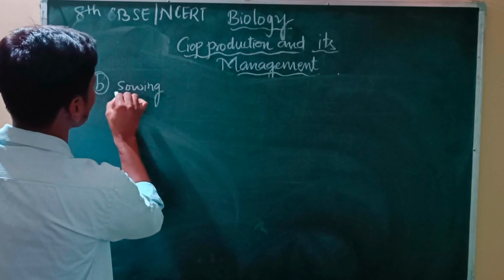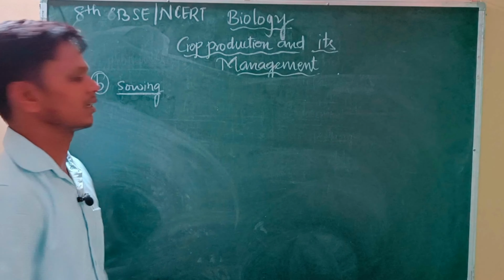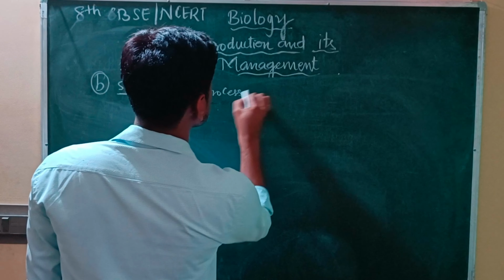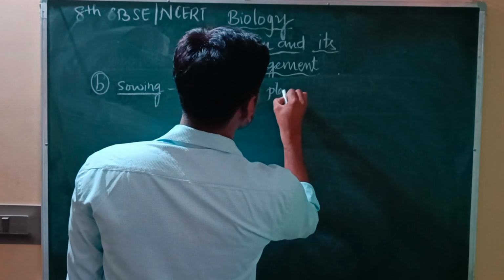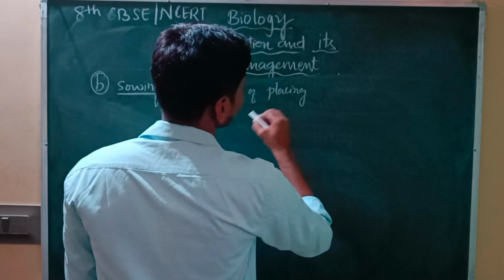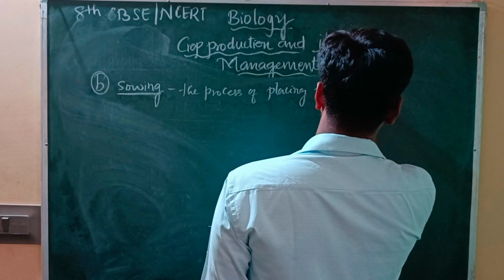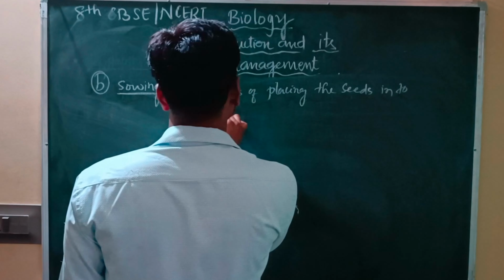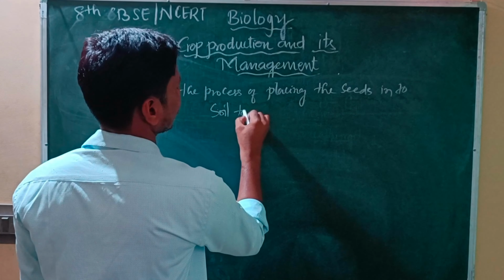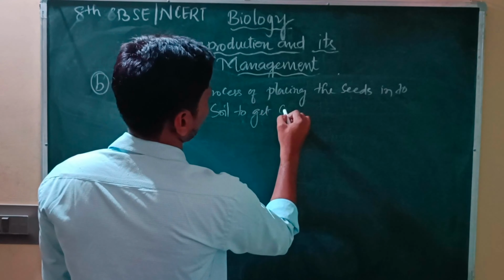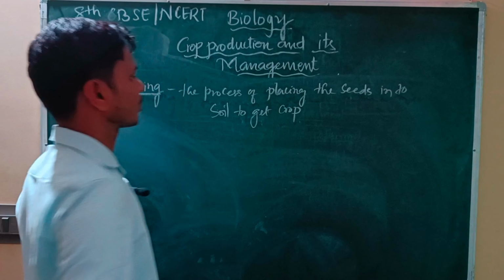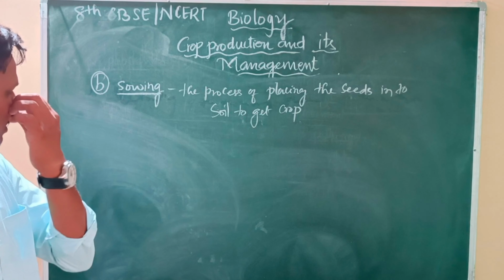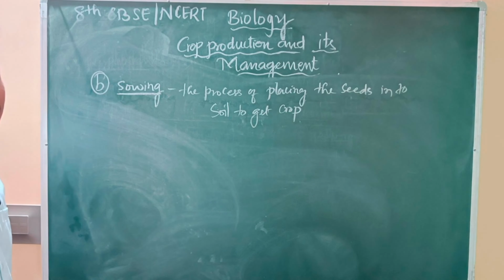Sowing is nothing but the process of placing the seeds into the soil to get a crop, isn't it? To get a crop, you are going to sow the seeds into the soil. That means you are going to put or place the seeds into the soil.